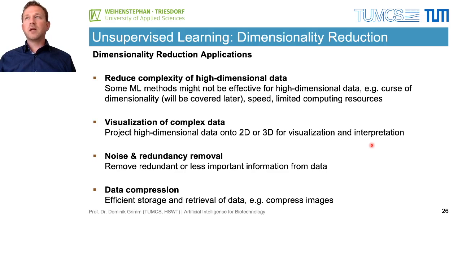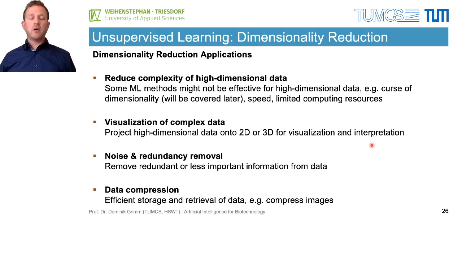Very often there is redundant or noisy information in a data set, and this we can reduce using dimensionality reduction. And thus, we can also use it for data compression. So how can we store images, for example, on a hard disk without using too much disk space? Therefore, we can use dimensionality reduction to remove non-important information from the images.